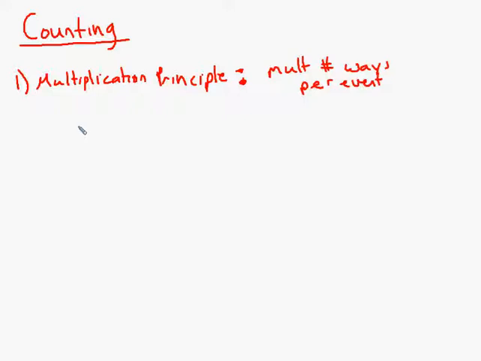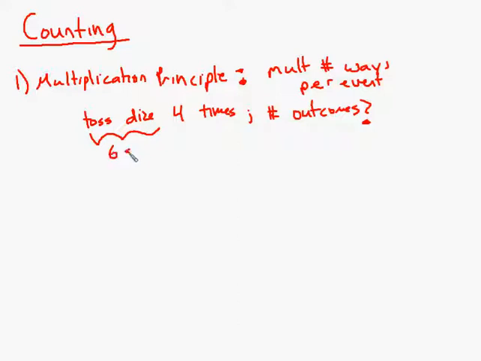So, if I toss a dice 4 times, and I want to know the number of outcomes, the number of ways I can get that to happen. Well, if I'm going to toss it 4 times, how many options are there on a 6-sided dice? Well, 6 sides, right?